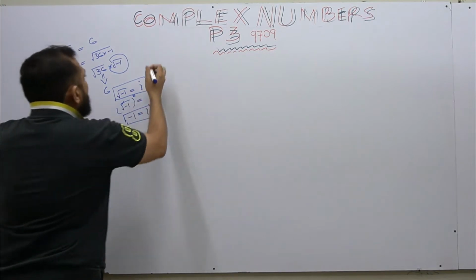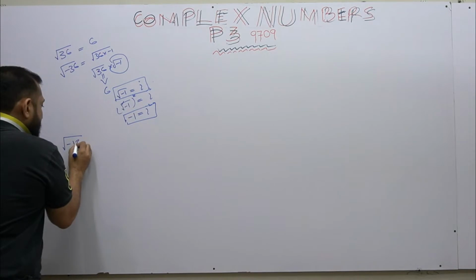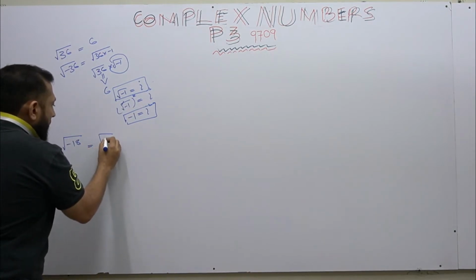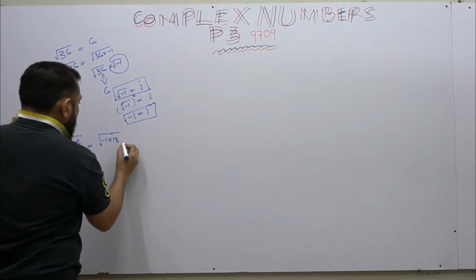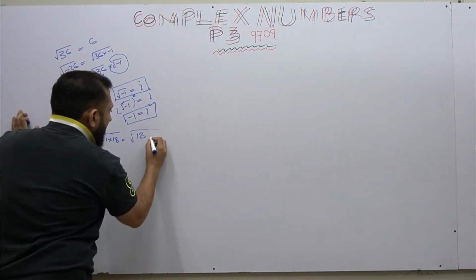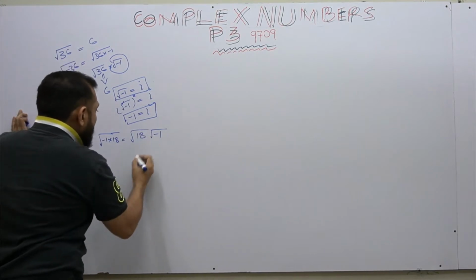Okay, if we have minus 18 under root, then this means you can write minus 1 times 18 and then you can separate the roots and write under root 18 times under root minus 1. Under root 18 can be solved.